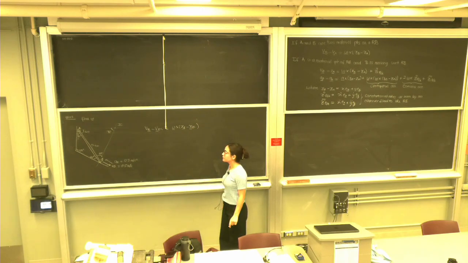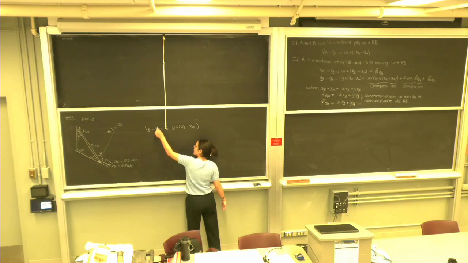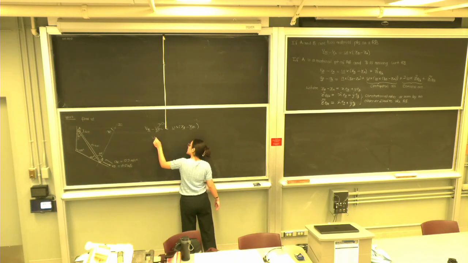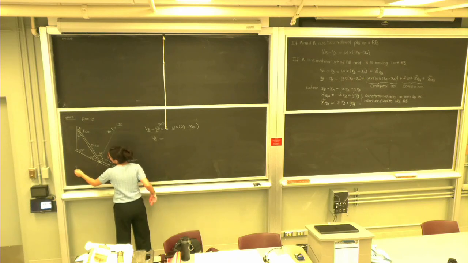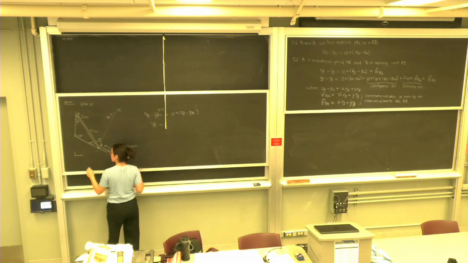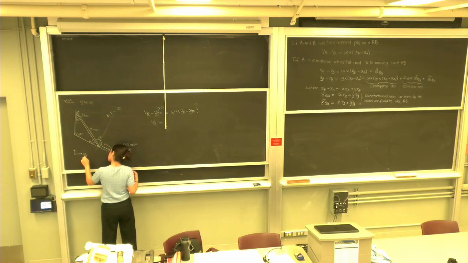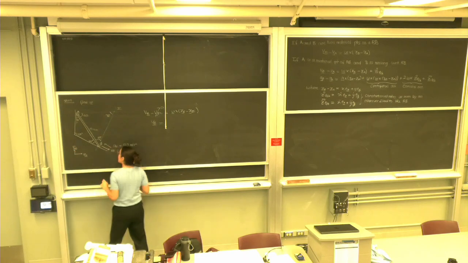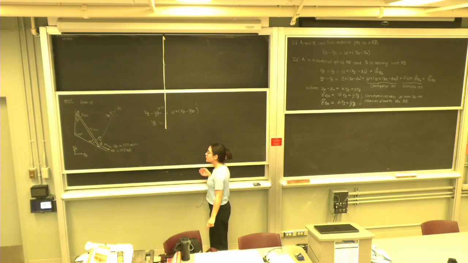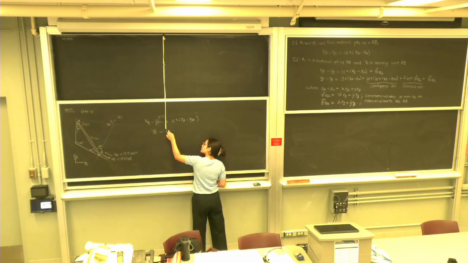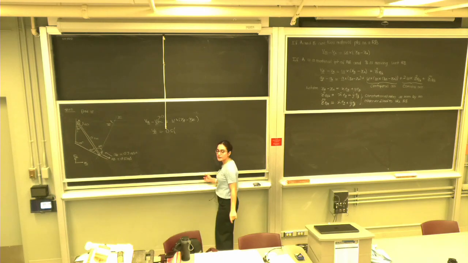Okay. What is the velocity of IC? 0. And the velocity of B we know. If I take my basis, EX and EY, VB is 0.5. And what is its direction?